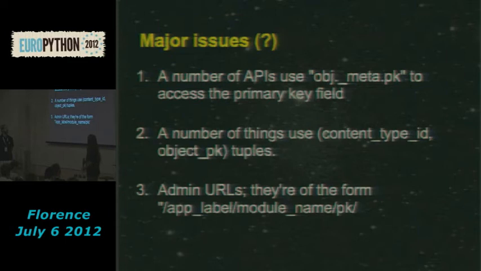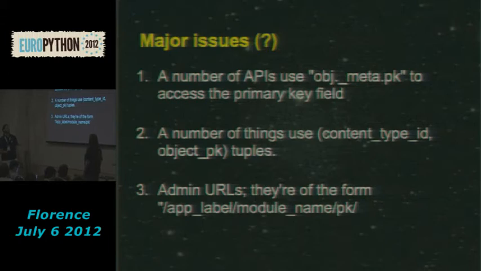So these are the three major open issues that the core team spoke about 7 years ago. The first is the use by third-party applications of the object meta PK, and they expect a field.